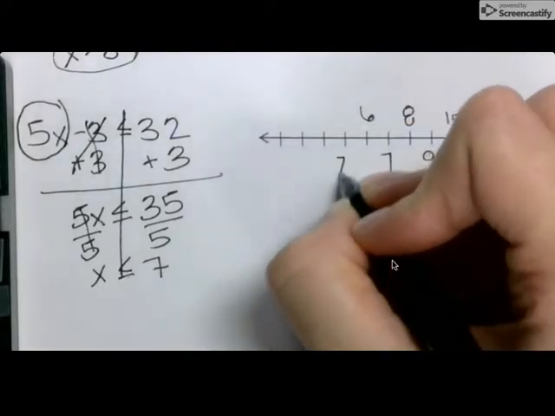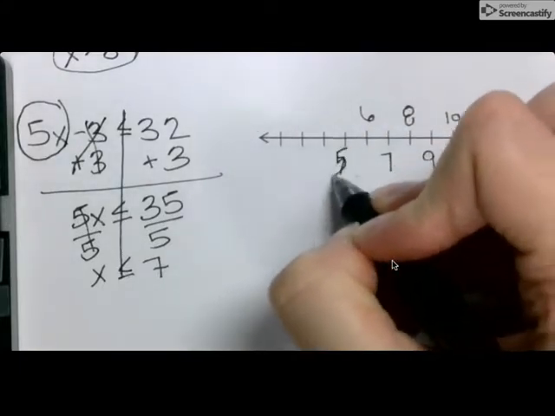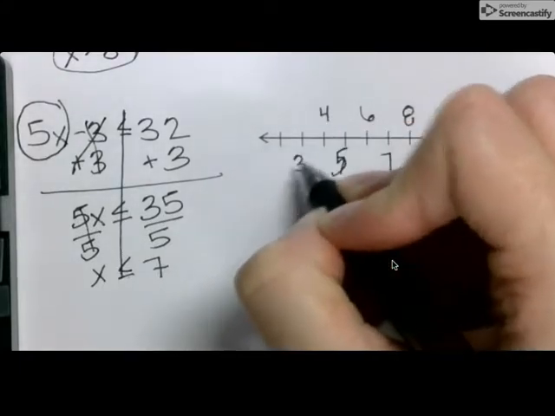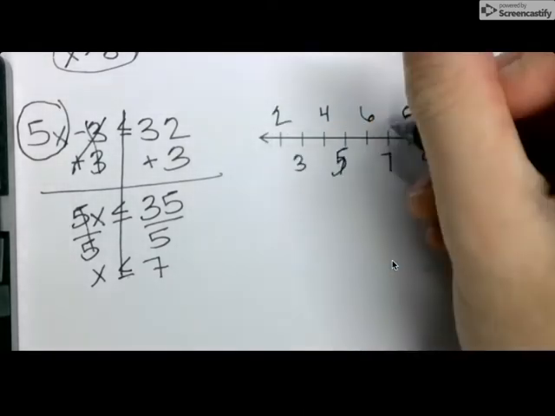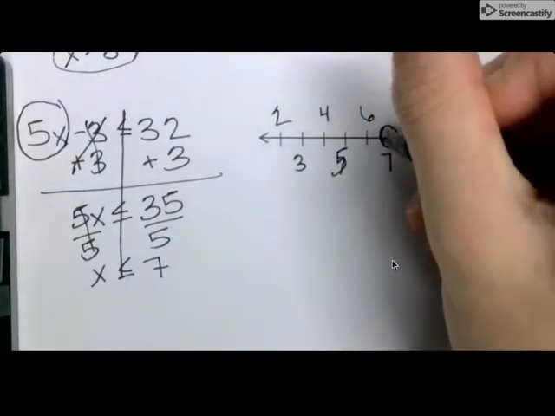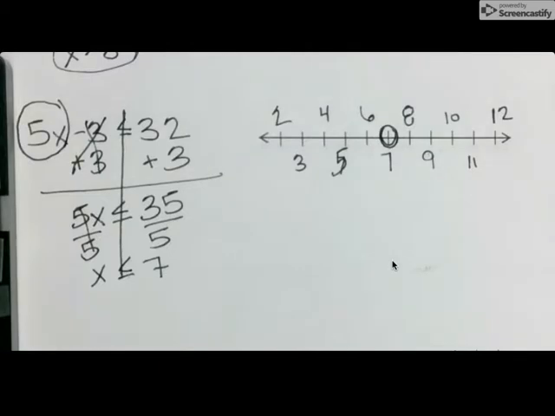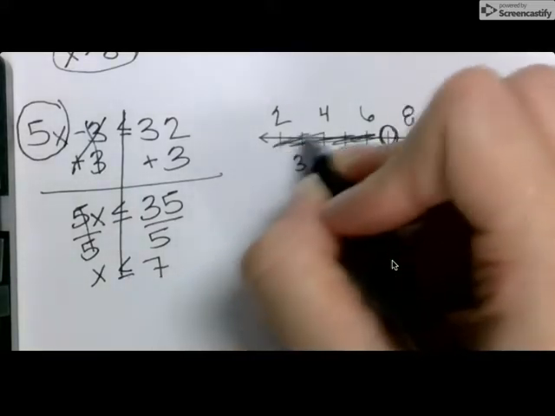And down to the left of the 7. Oopsies, that should be a 5. Okay. Plot my 7. Is 6 less than 7 or is 8 less than 7? 6, so it's going to go to the left.